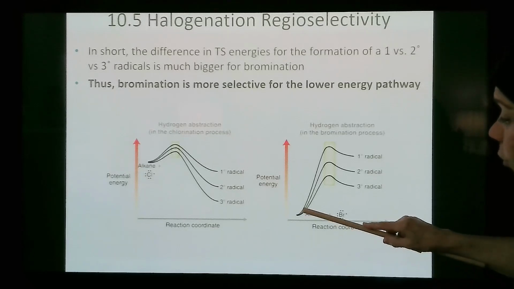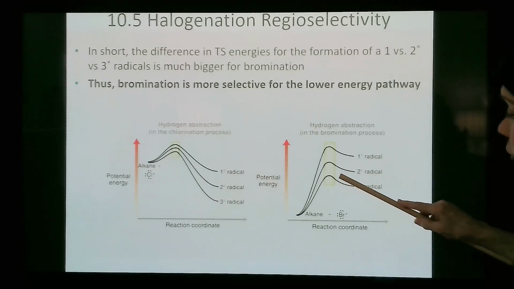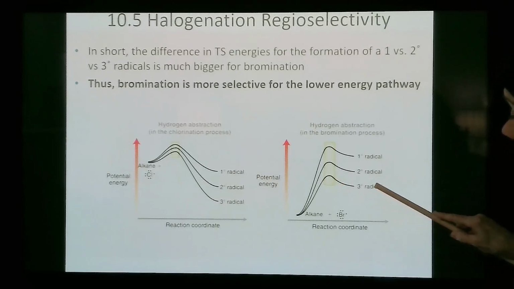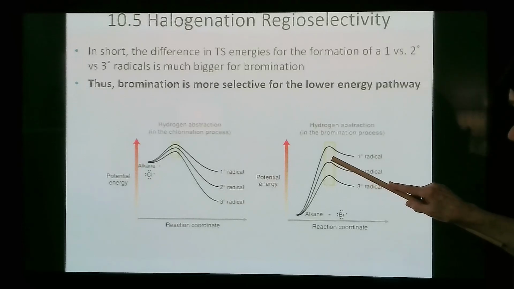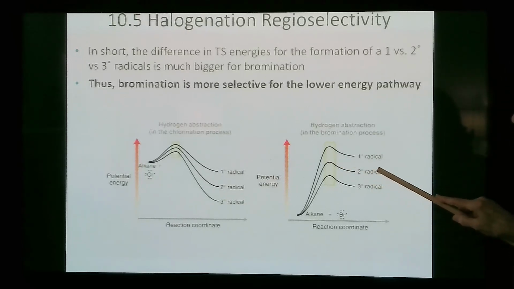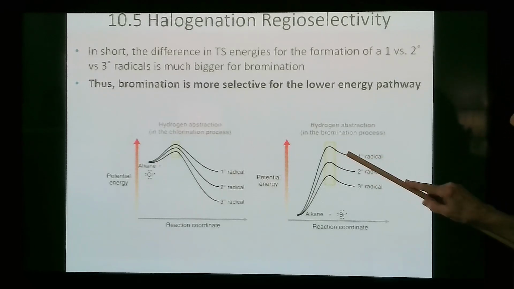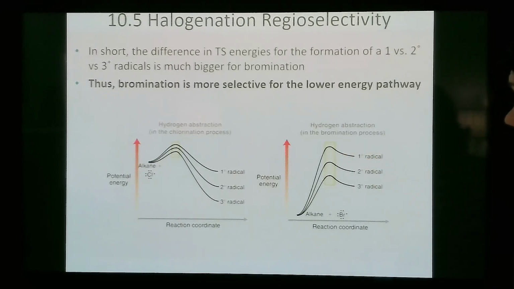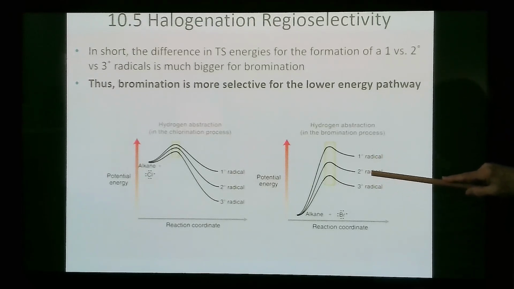And so that means it's going to be relatively easy to get over the transition state structure, the energy hill, to go to a tertiary radical, but it's going to be much harder to get over the transition state structure that leads to a secondary radical, and even harder to get over the energy hill that leads to a primary radical. And so that makes this reaction much more selective.